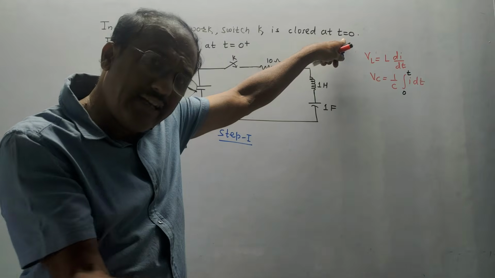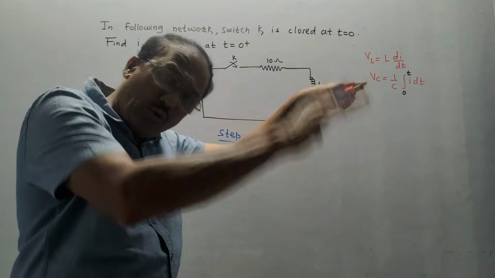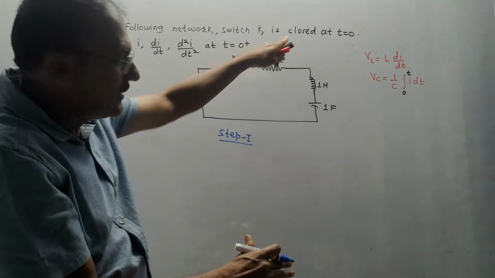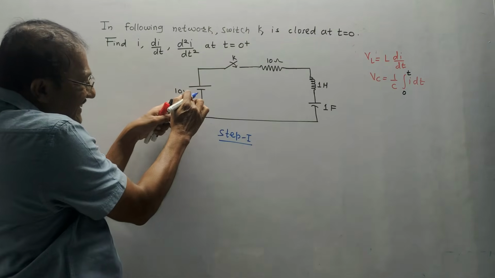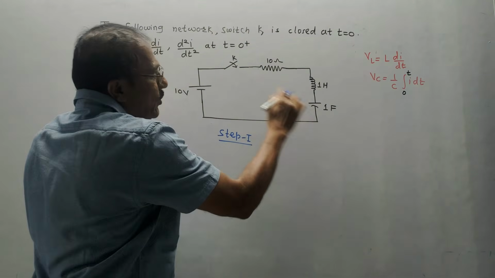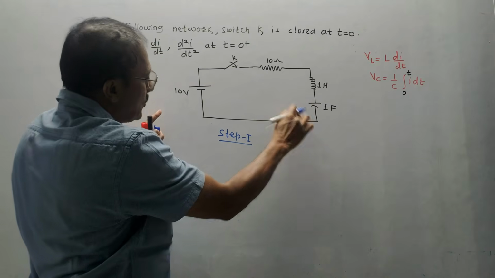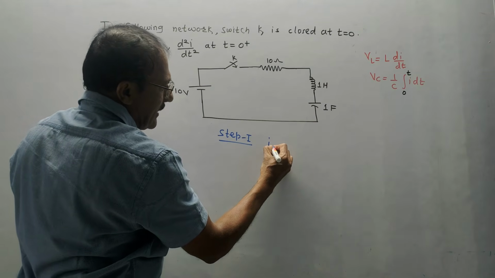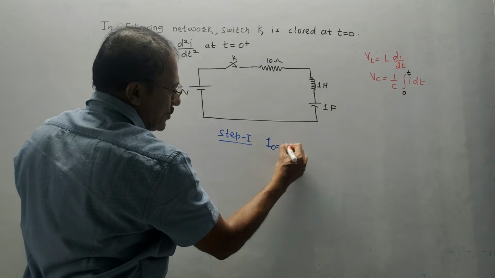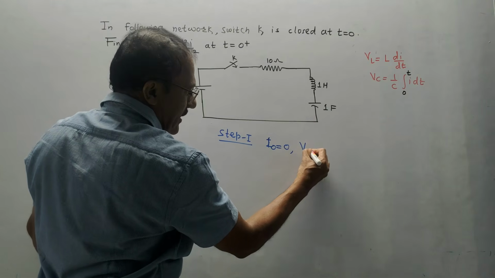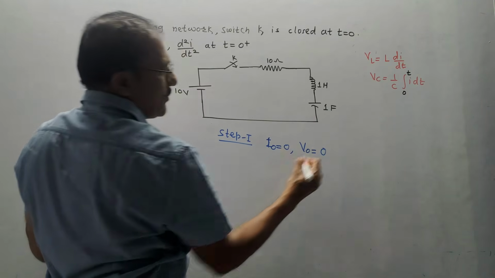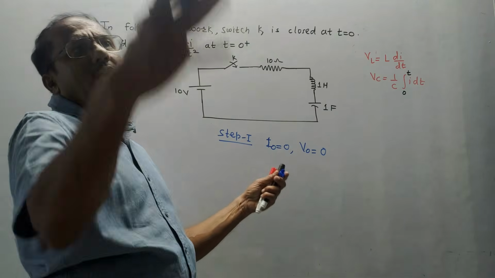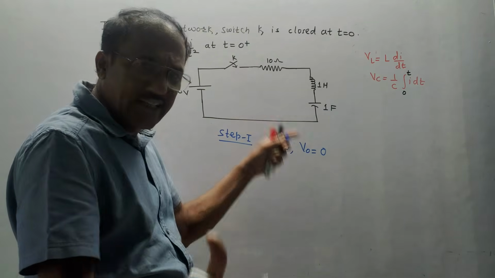That means for t less than 0, or before t is equal to 0, the switch will be open. So if the switch is open, this 10 volt will not be connected to the remaining circuit. So the initial current through the inductor, that is i0, is equal to 0. The initial voltage across the capacitor is equal to 0. You can well verify it by using the table of initial conditions we have already discussed.